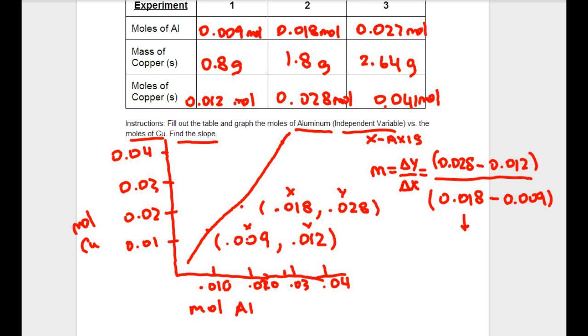This should end up being 0.016 divided by 0.009, which should be 1.7 repeating. So that is the slope that we got for this graph. And that is the relationship between moles of copper and moles of aluminum.